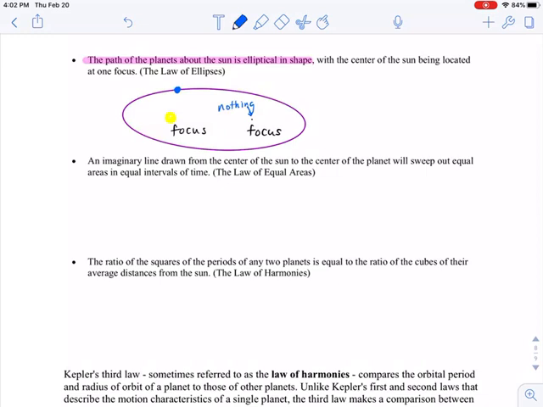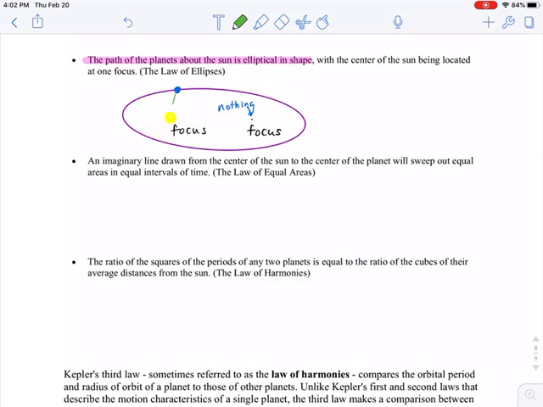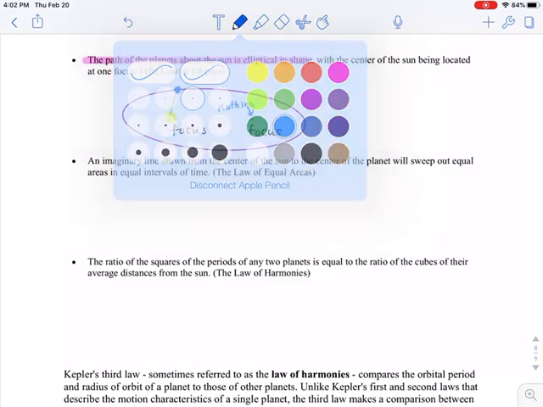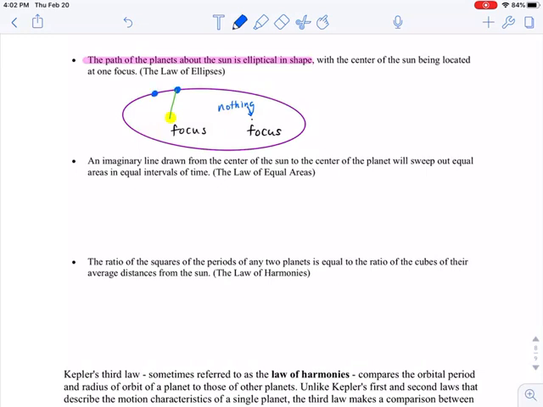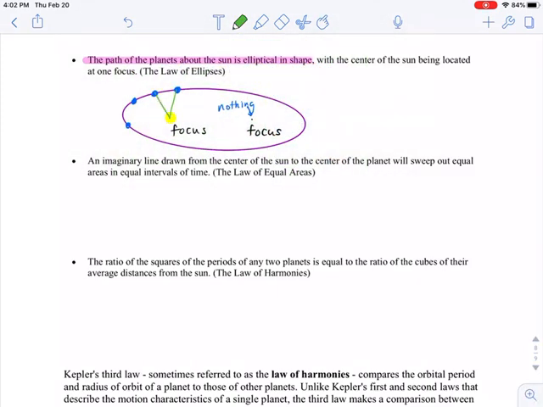Okay. Number 2. An imaginary line drawn from the center of the sun to the center of the planet will sweep out equal areas in equal intervals of time. So they're talking about this line here. So as the planet travels, what we're going to be looking at are these areas that are swept out as the planet travels around the sun.